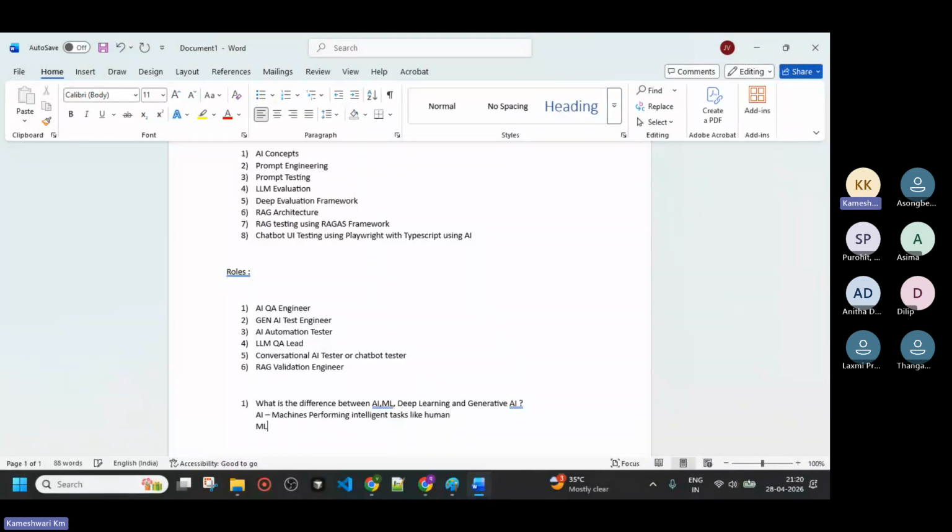Next, ML. What is machine learning? It is a subset of AI where the system learns everything from data.